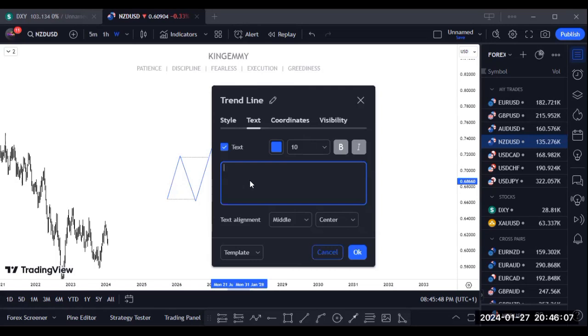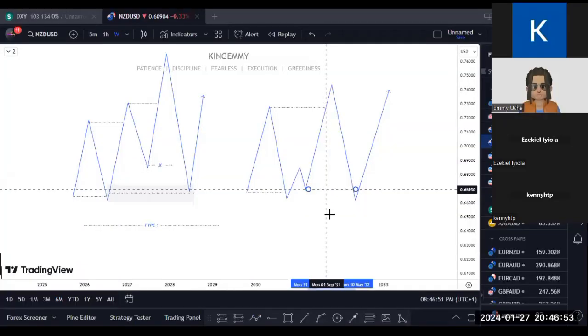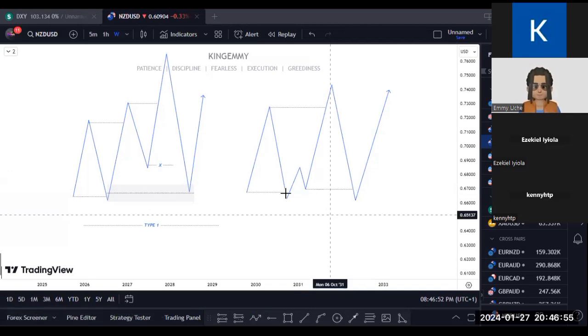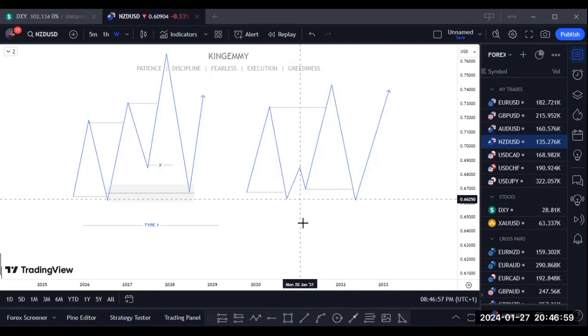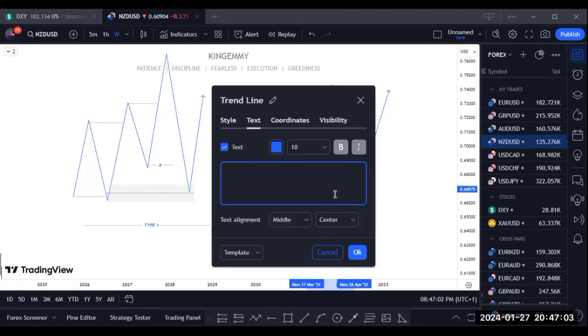Then these are structural liquidity. So these are what type one entry model. Sometimes there might not be any supply here, but this is your entry for sure.